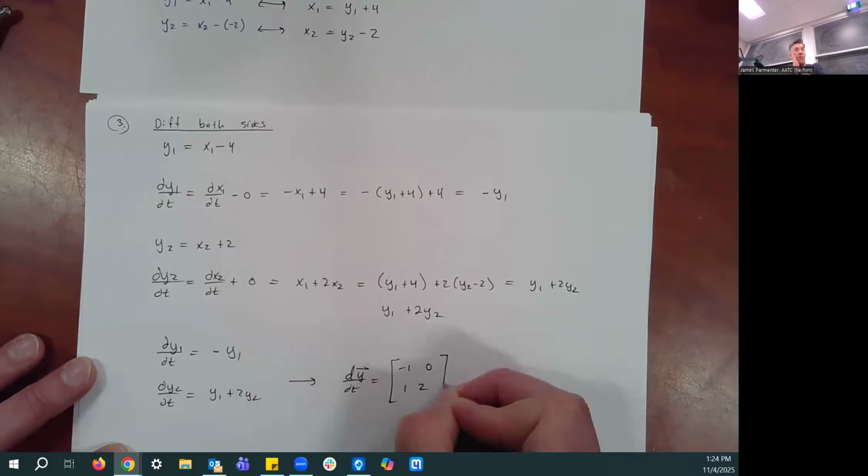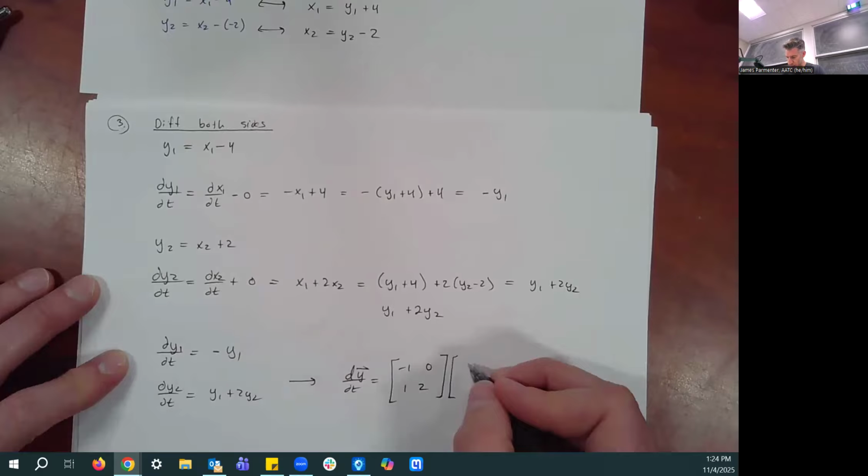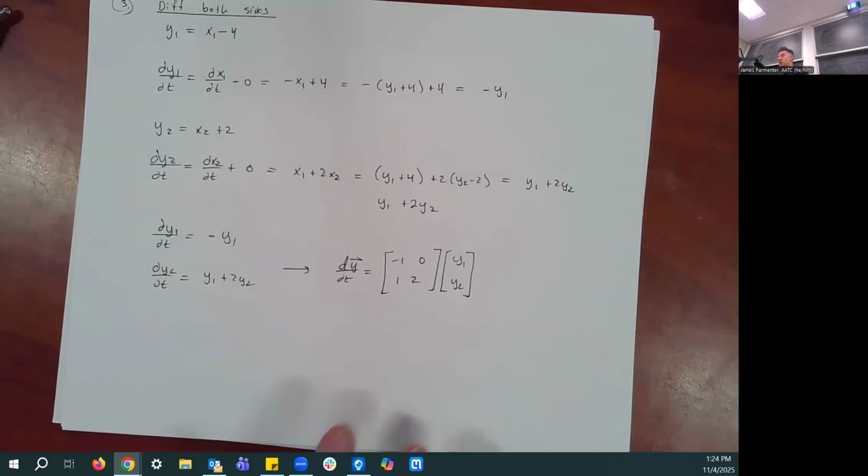The same matrix as before, but now with no extra part added on. So this system essentially has the same derivatives, but now it's a homogeneous system. We know how to solve this system in the usual way with the eigenvalues and eigenvectors.